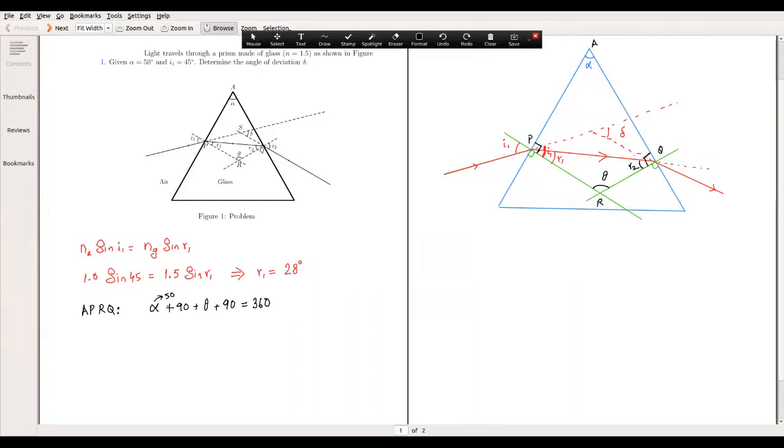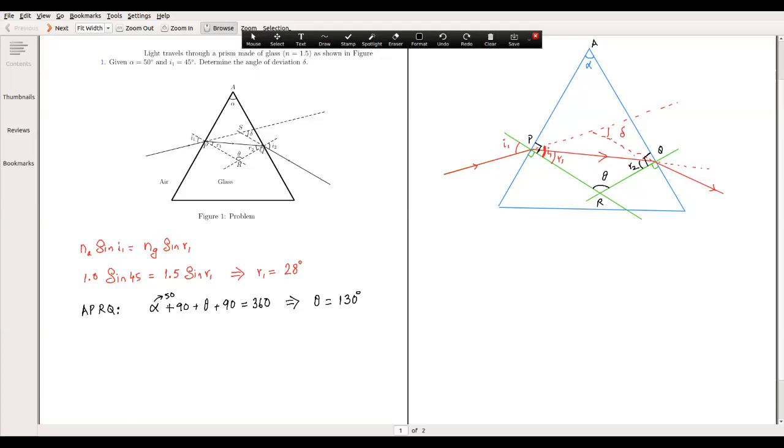So overall, we can calculate angle theta using this. So theta comes out to be equal to 360 minus 180, 90 plus 90, that's 180, 180 minus 50, so that's 130 degrees. So that's 130 in here.